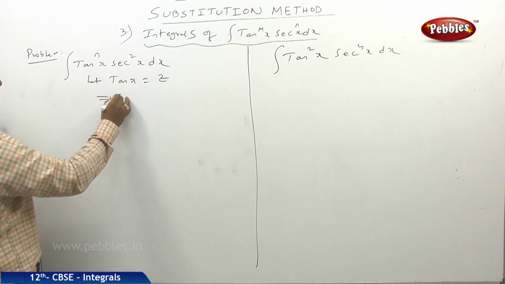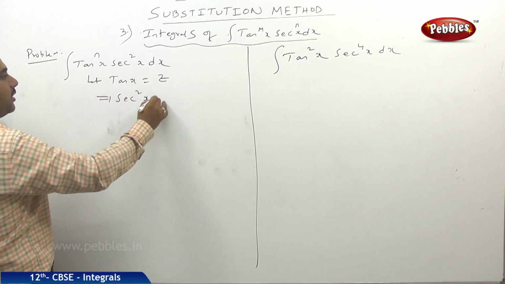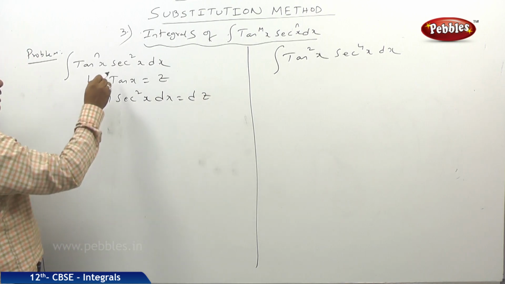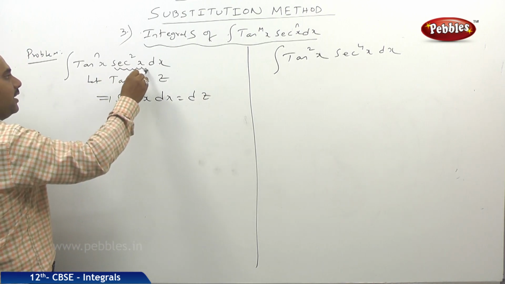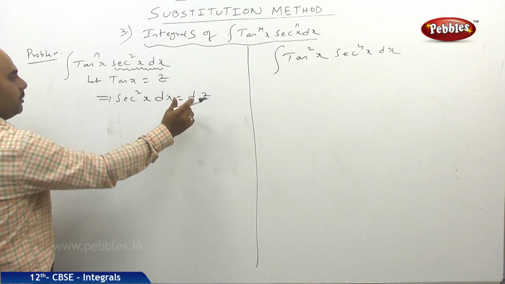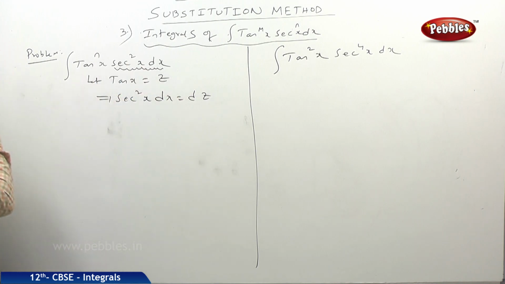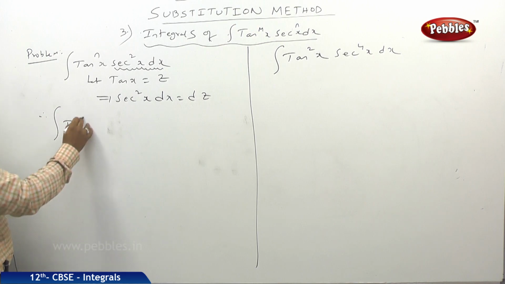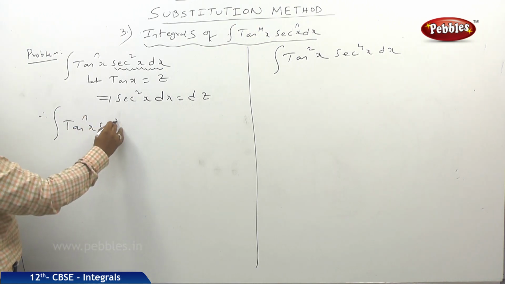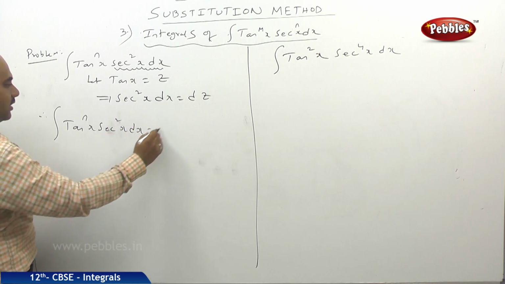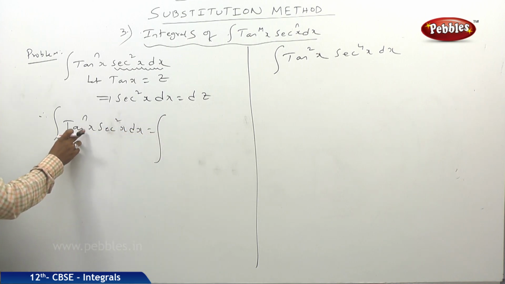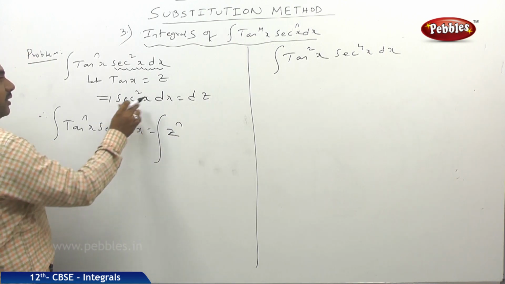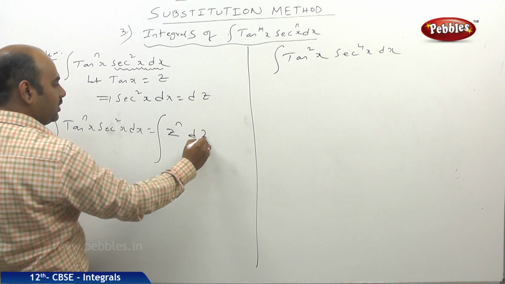If I put tan x is equal to z, what happens? Secant square x dx is nothing but dz. So directly we are lucky enough: in place of secant square x dx I will be putting dz, and tan x I will be putting as z. Therefore integral of tan power n x secant square x dx is nothing but integral of z power n dz.